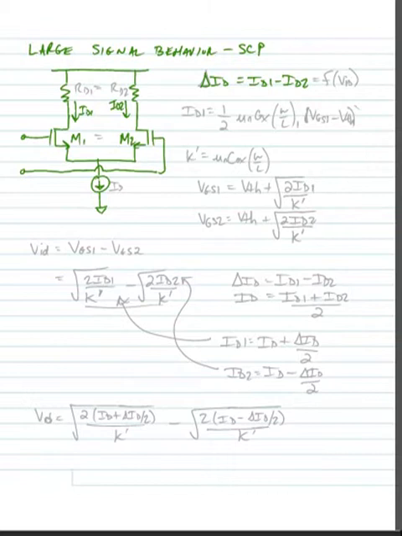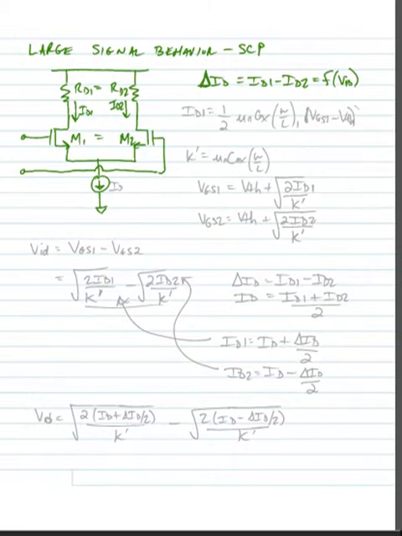We're assuming that M1 and M2 are identical and RD1 is equal to RD2. And we're going to do this as a function of the input differential voltage. In other words, basically what we're doing is finding the large signal transconductance. How much does the output current change due to an input differential voltage?